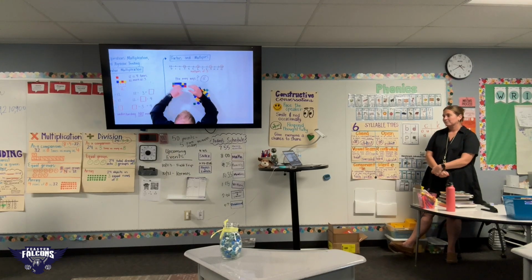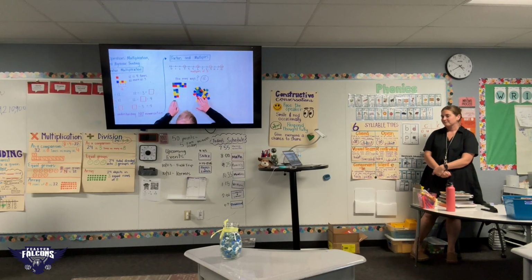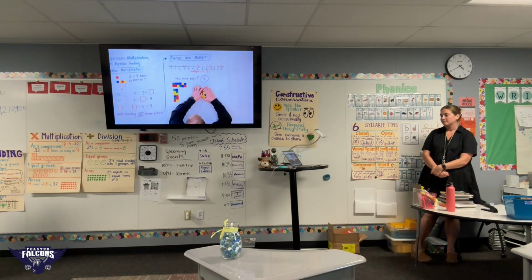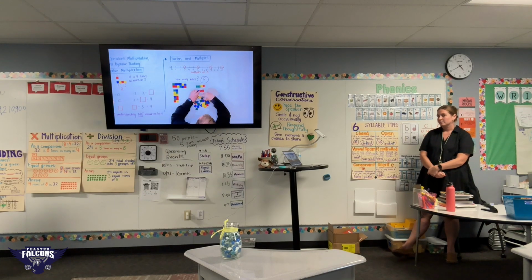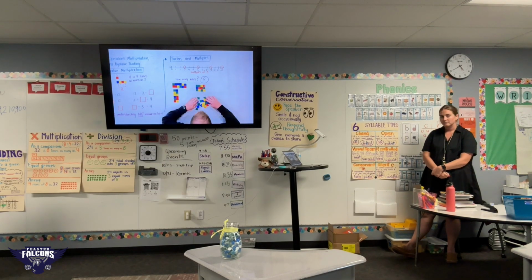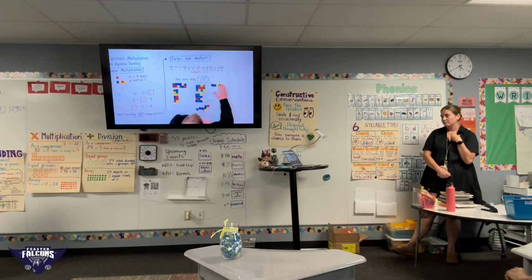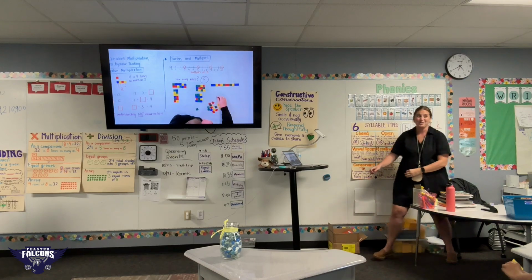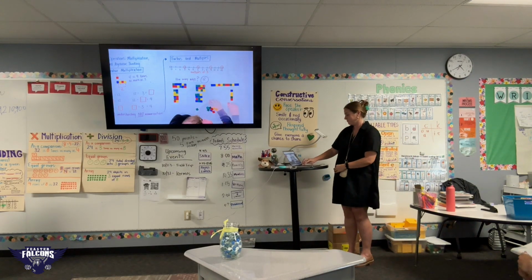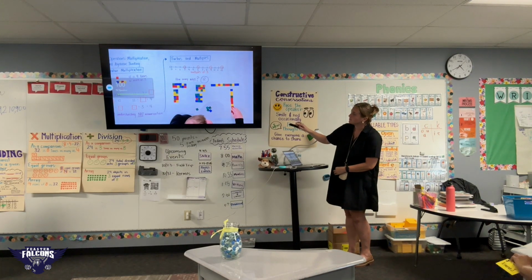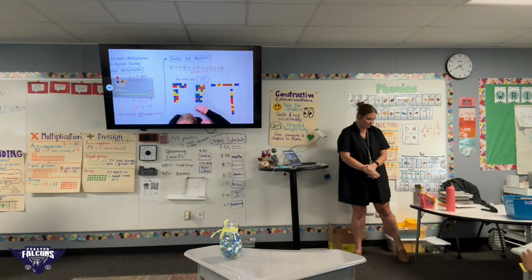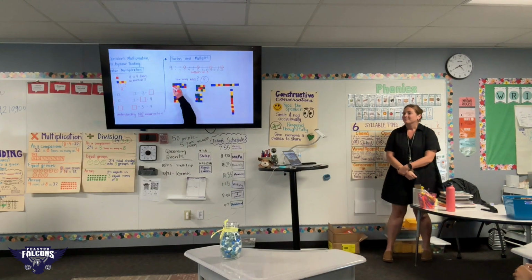Here's a great way to get students to see the different ways that we can explore factors of numbers. So how many different arrays can we build for the number 12? Well, we can build 2 rows of 6. We can build 6 rows of 2. We can build 3 rows of 4, 4 rows of 3, 1 row of 12, and 12 rows of 1.